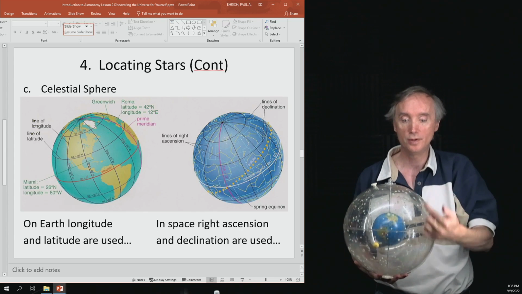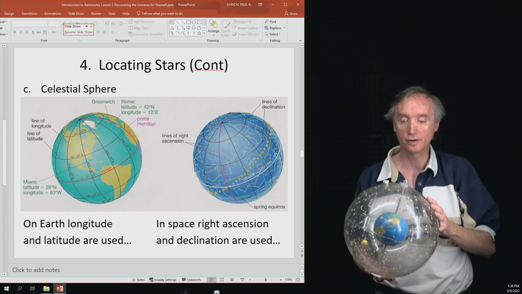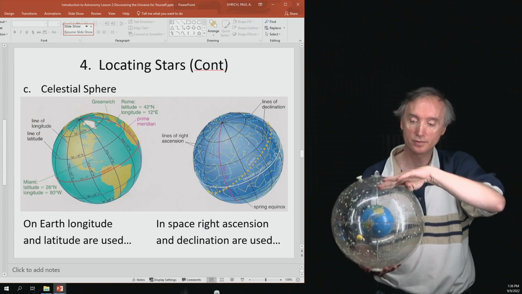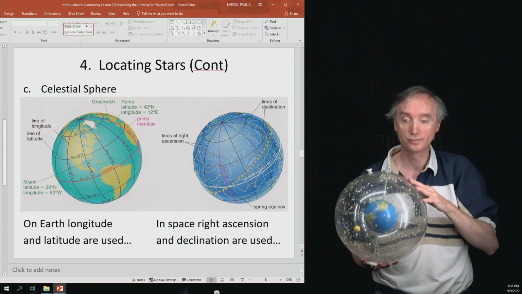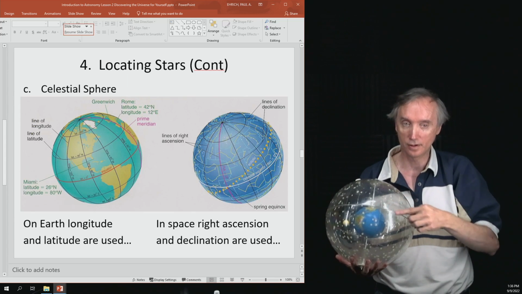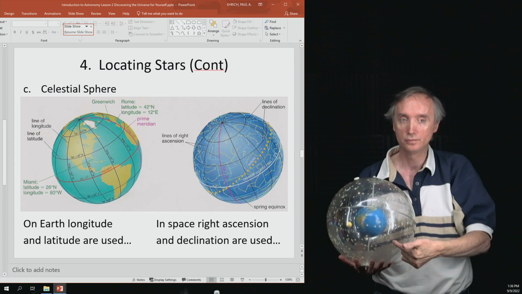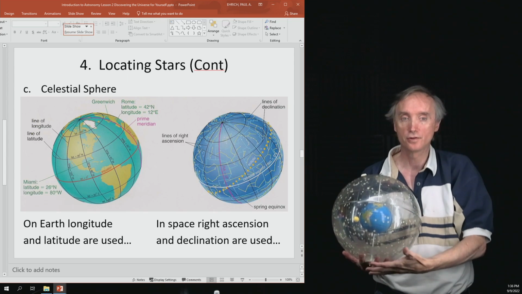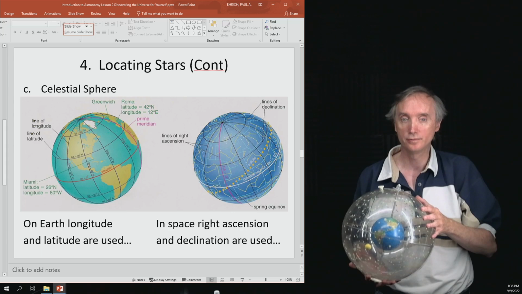So those are going to be the up and down lines on the celestial sphere. And then the sideways lines are going to be called declination, and they start at 0 and then go to 90. What about down here? Those would be negative numbers. So if you're below, those would be negative degrees that you would use for that.